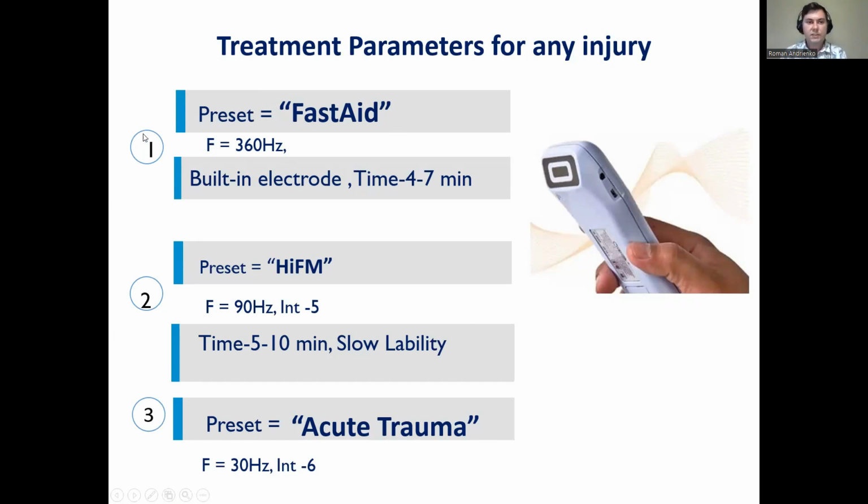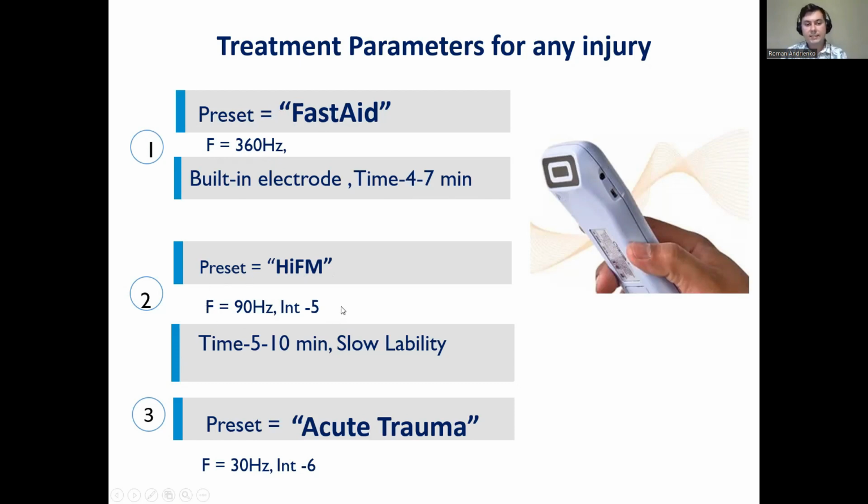So the first protocol here is when you use the fast aid, put the frequency of 360 hertz, use the built-in electrode, and treat the problematic area or the area around it, depending on the situation, for 4 to 7 minutes. For the second protocol, you use the preset high frequency modulation. This is also possible.